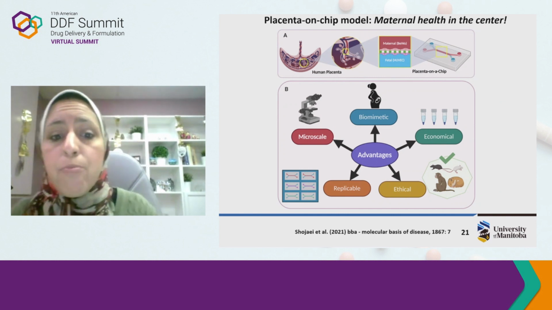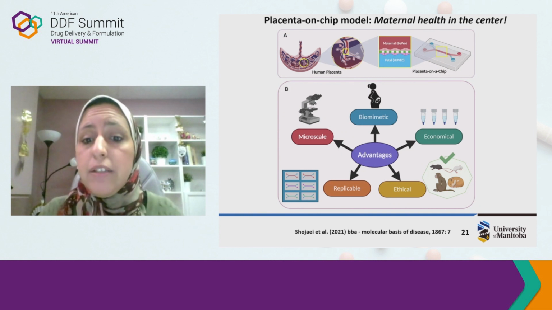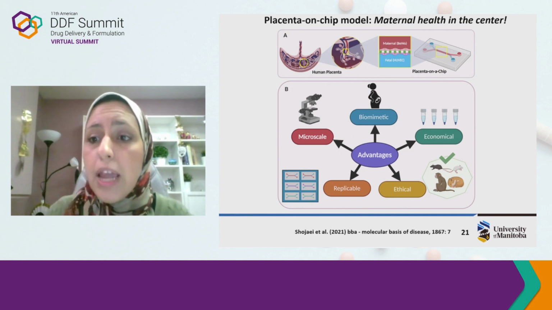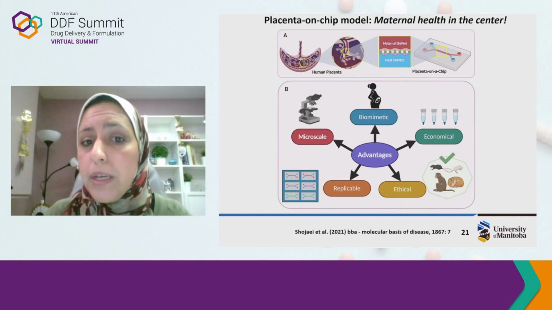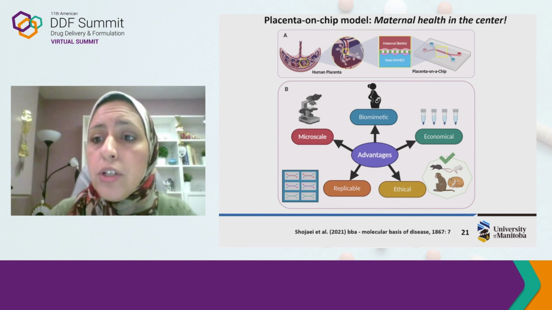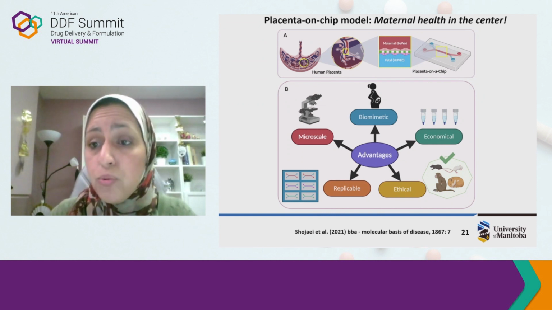So it was very important to develop a model that mimics the human scenario so that you're able to develop these therapies and be able to translate them later on into clinical trials based on really strong data that is relevant to human pregnant women.